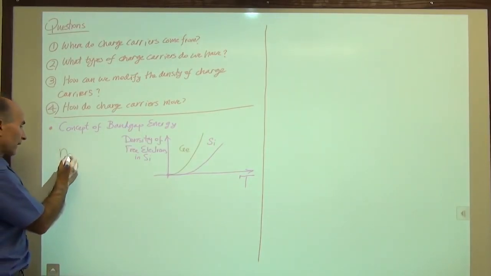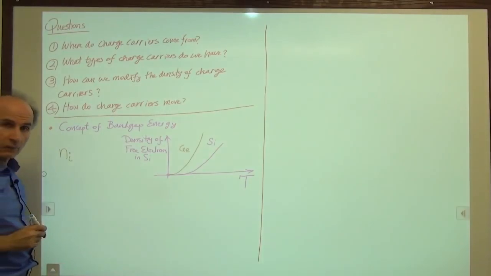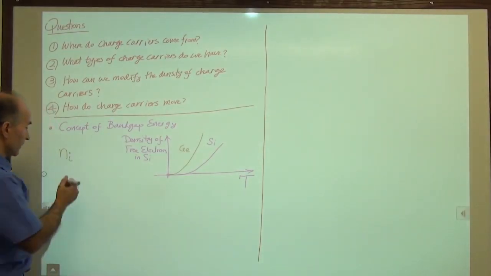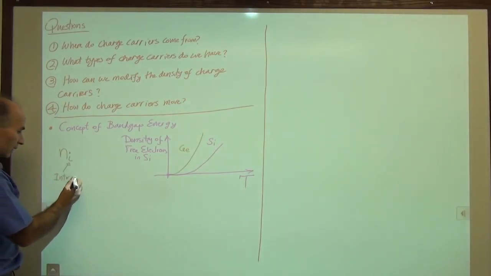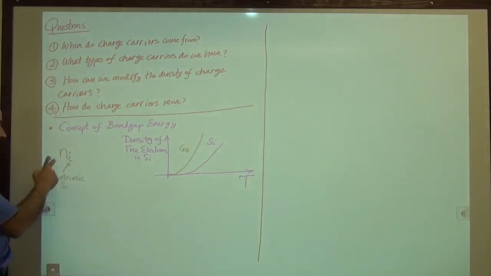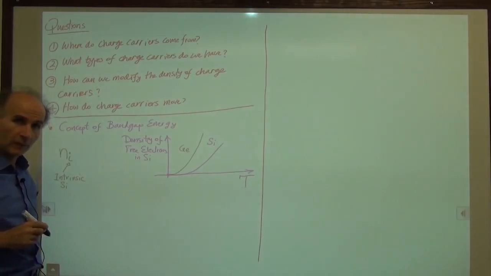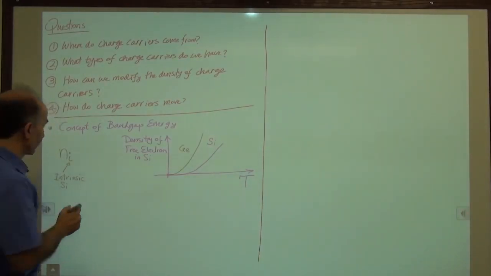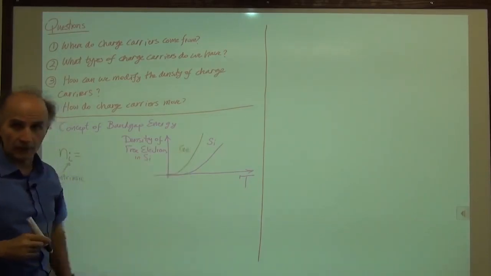And then we'll write i. This is called for an intrinsic piece of silicon. We don't know why it's called intrinsic at this point, but don't worry about it. We'll see that later. So intrinsic silicon, and n is the density of electrons, the number of electrons per cubic centimeter. So there's a nice equation for this that gives us this behavior.